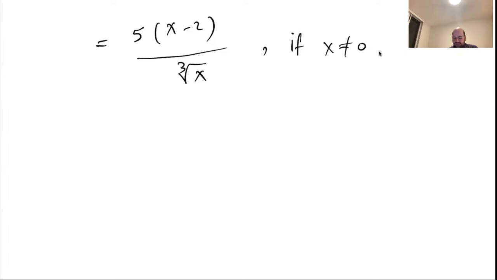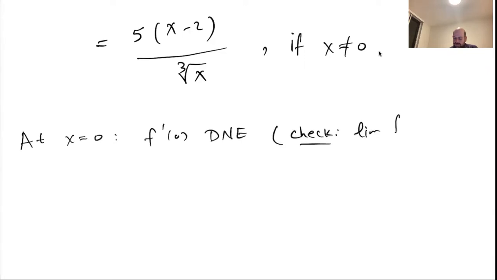And what about at 0? At x equals 0, f prime of 0 does not exist. You can check that the limit of f of x minus f of 0 over x minus 0 as x approaches 0 does not exist. So this formula is for x not equal to 0.